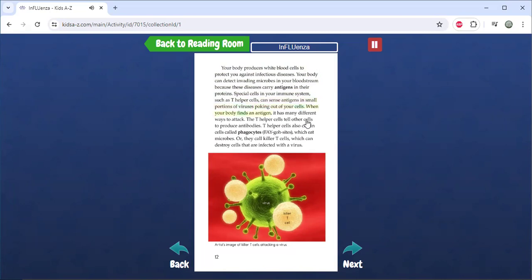When your body finds an antigen, it has many different ways to attack. The T helper cells tell other cells to produce antibodies. T helper cells also call in cells called phagocytes, which eat microbes, or they call killer T cells, which can destroy cells that are infected with a virus.